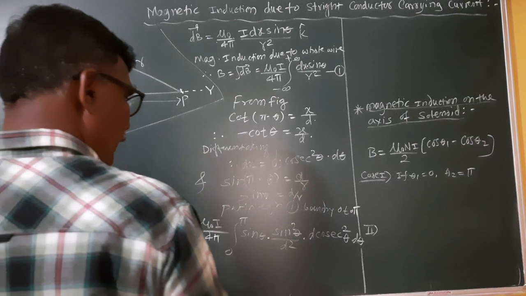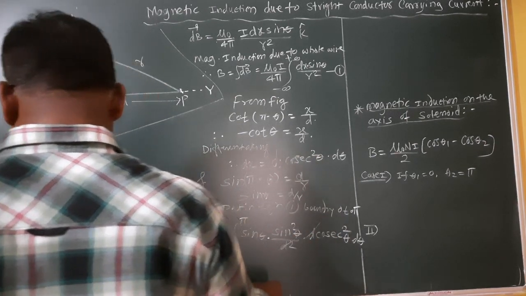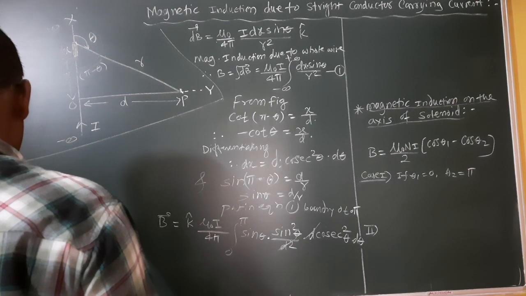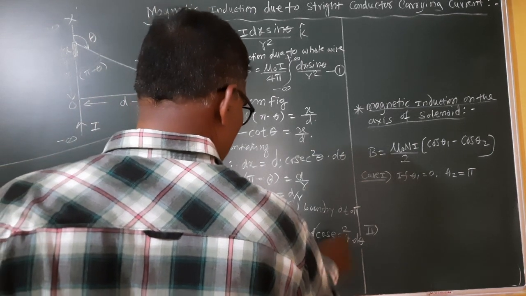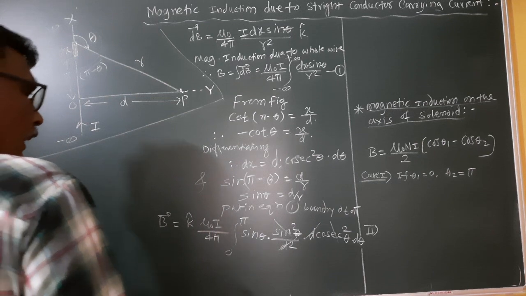Here this can be cancelled, and this is nothing but cosec square theta. This gets cancelled with this one because sin square theta is nothing but the reciprocal of cosec square theta.